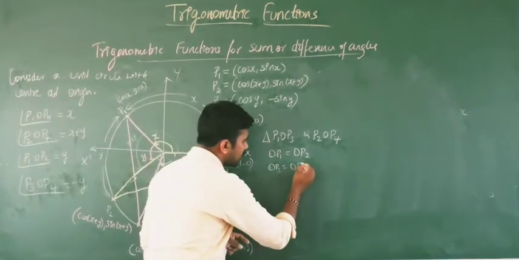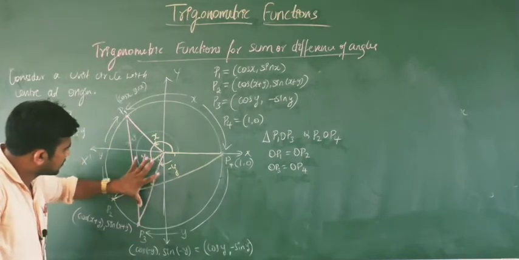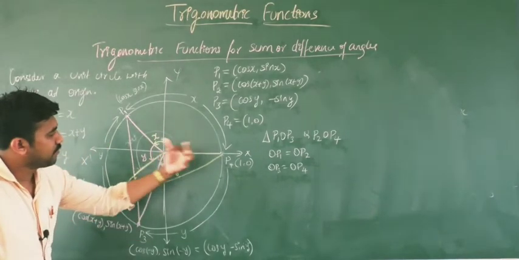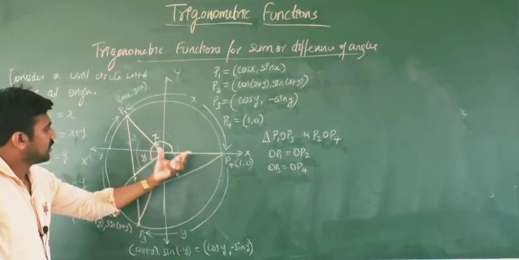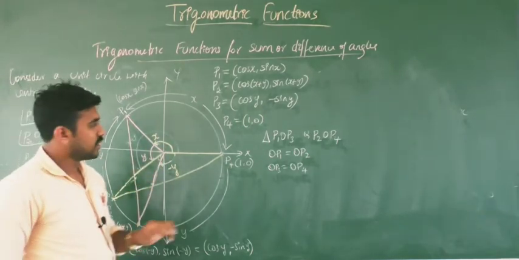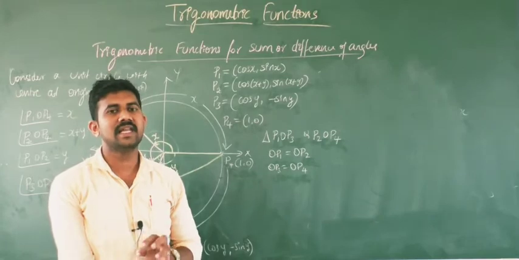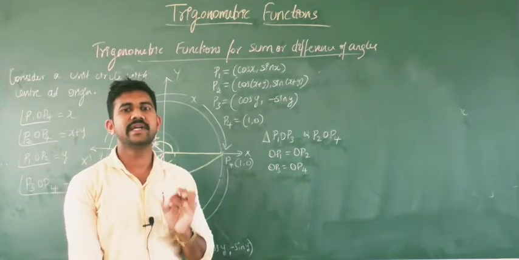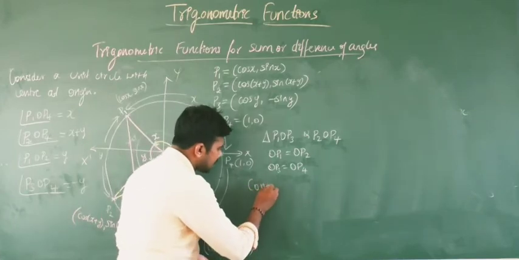Again they are equal because they are again the radius. So in these two triangles, two sides are equal, which means clearly we can say they are congruent triangles.